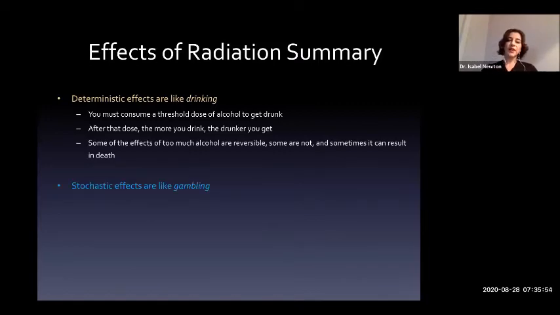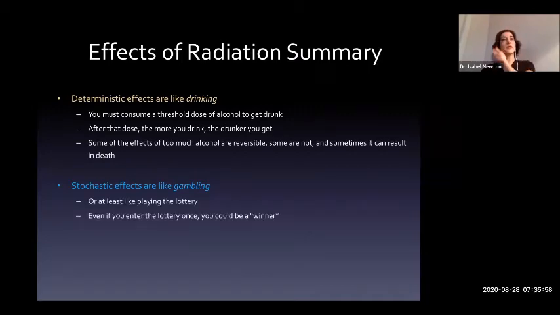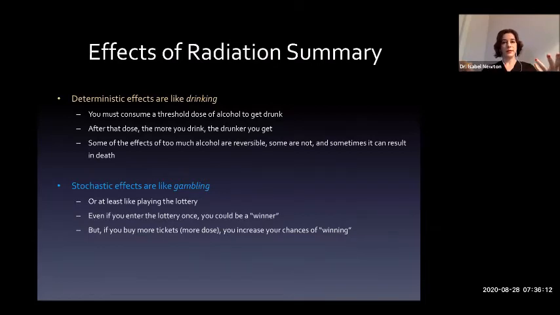Stochastic effects, on the other hand, are like gambling, or at least like playing the lottery. So even if you enter the lottery once, you could become a winner of the worst prize ever, nonetheless. But if you buy more tickets, which is kind of a proxy for increasing your dose, you increase your chances of winning. So that's why more dose has a higher probability of getting a stochastic effect, simply because you're playing more often.